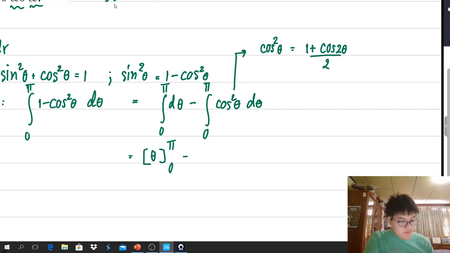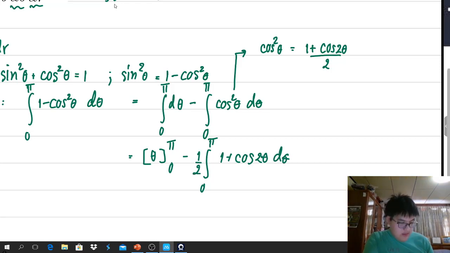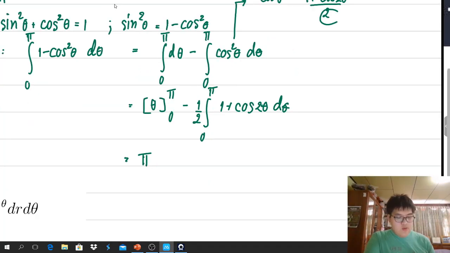And this one we do the same way, but we change to 1 plus cosine 2 theta d theta, and then we take the constant out. This one you can see theta will be replaced by pi and 0. Pi minus 0 is pi. Then we do next, and we will separately integrate again.